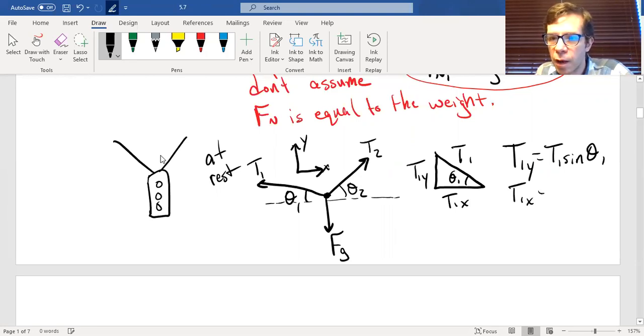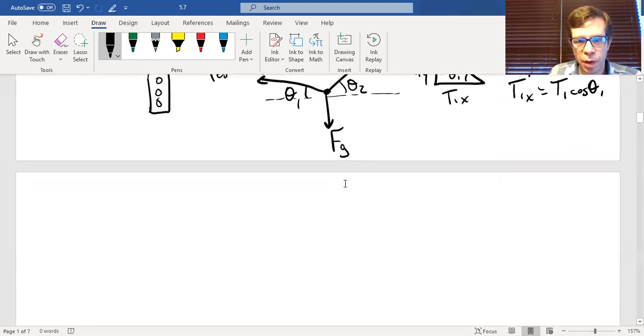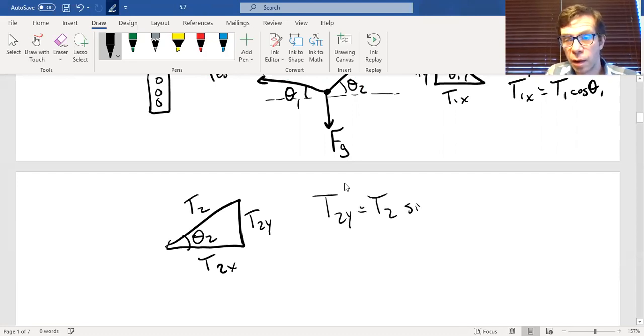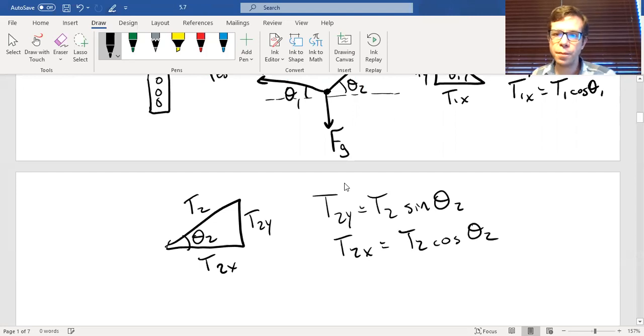And T1x will be T1 cosine theta 1. Similar for T2, because we've defined theta from the horizontal. So the y is opposite and the x is adjacent. So we get T2y is T2 sine theta 2, and T2x is T2 cosine theta 2.